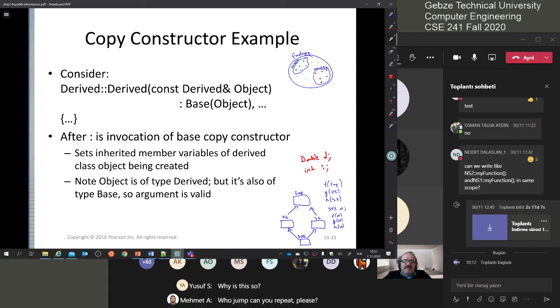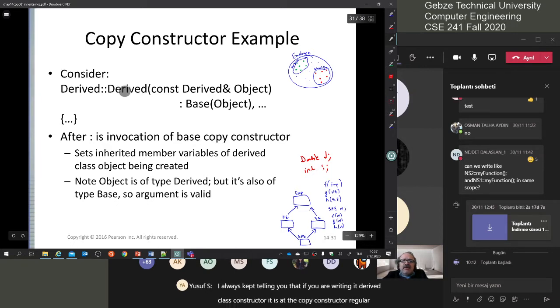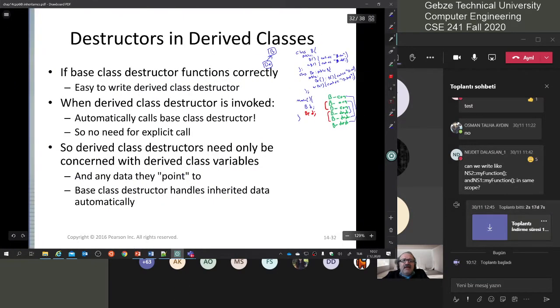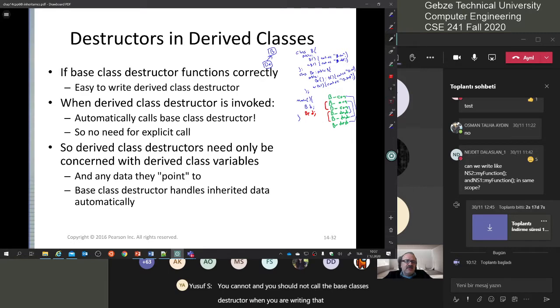The question is this. I always kept telling you that if you are writing a derived class constructor, either a copy constructor or a regular constructor, you should call the base class's constructor, right? I always ask you to do this. But we are saying that you cannot and you should not call the base class's destructor when you are writing the derived class destructor.